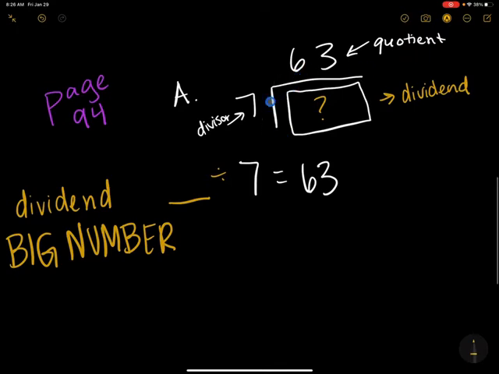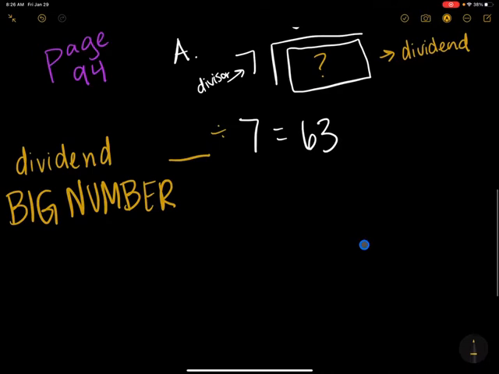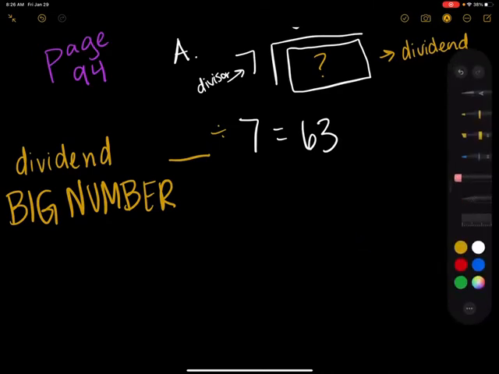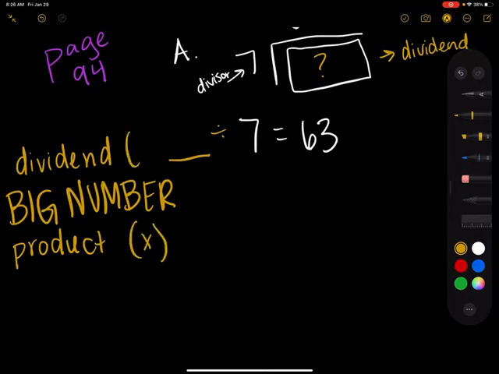It's our little house. So the dividend that goes under that little house is always going to be your biggest number, and it is going to be the product in multiplication. When we're talking about multiplication, it's going to be the product, and when we're talking about division, it's the one that goes under the house.